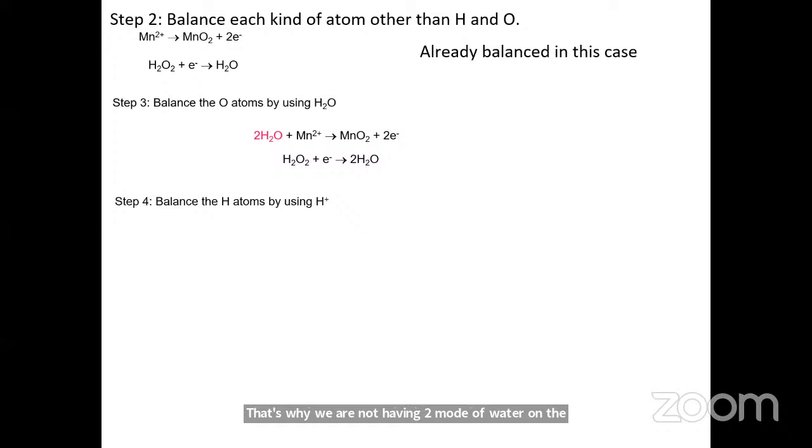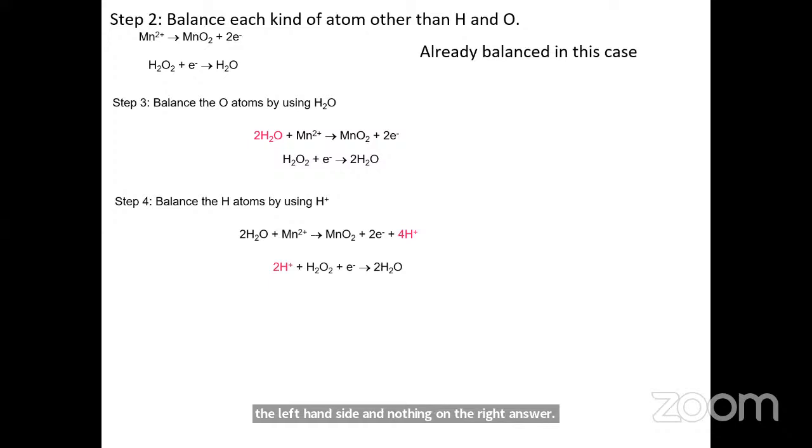So the next thing, once we introduce water, we introduce hydrogen. So we need to balance the hydrogen atoms. For the oxidation half, we have 4 moles of hydrogen atoms on the left-hand side, and nothing on the right-hand side. So we need to add 4 hydrogen ions.